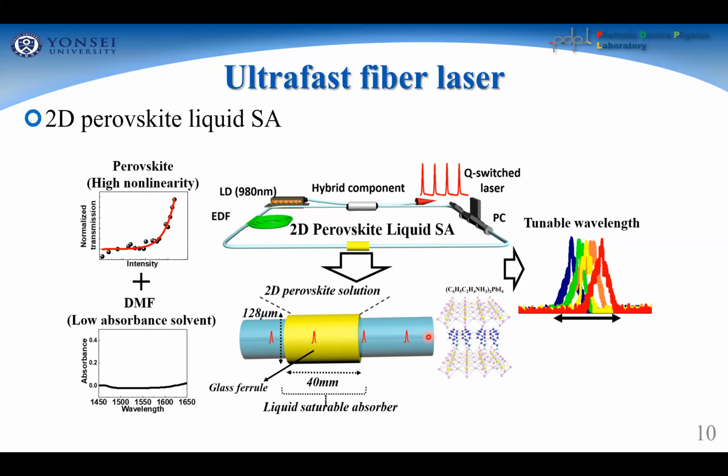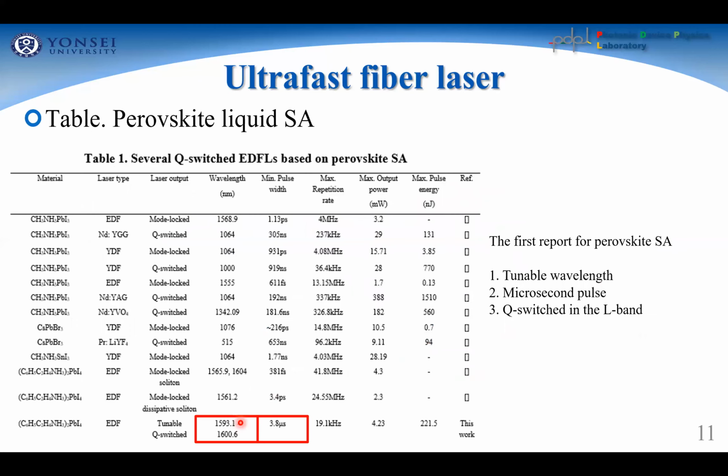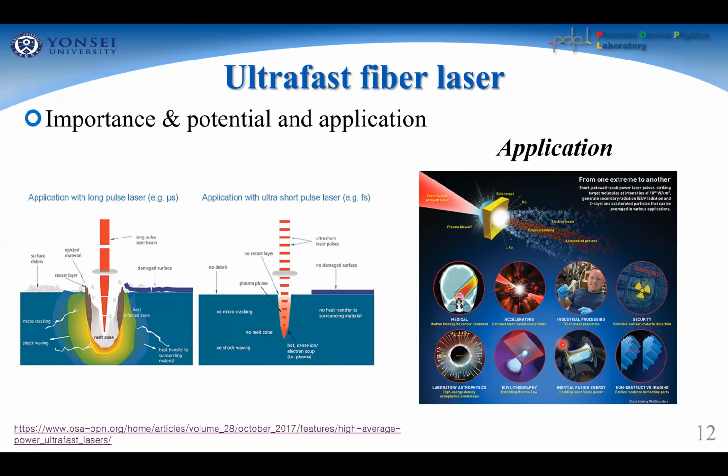We first reported the saturable absorber of the perovskite, with tunable wavelengths of about 7 nanometers, and we achieved a very large pulse width with the perovskite saturable absorbers. And we first reported Q-switching lasers in the L band. So this is the importance, potential and application of saturable absorbers and ultrafast lasers.